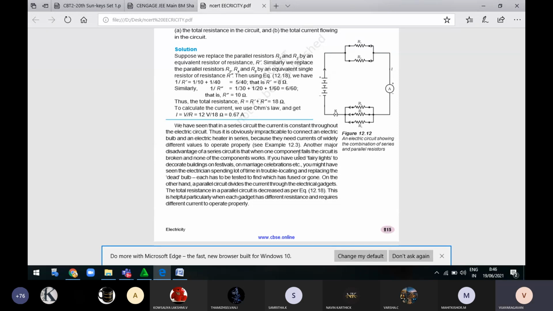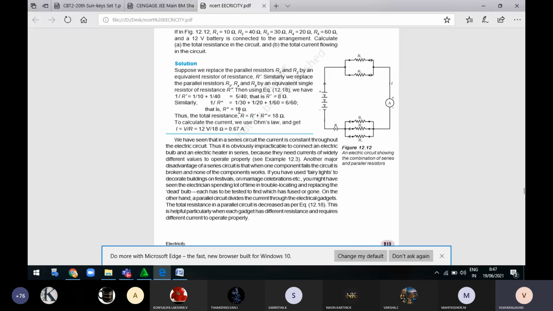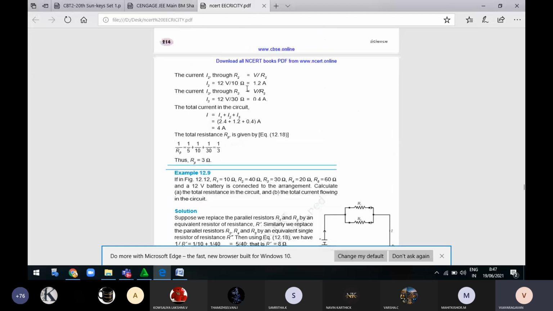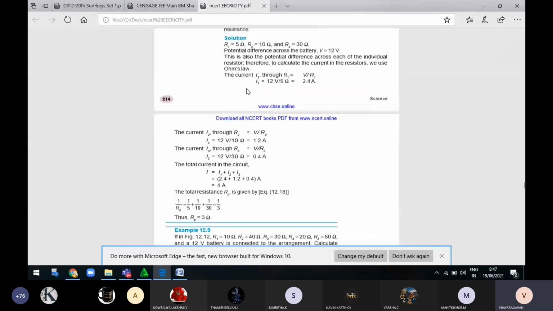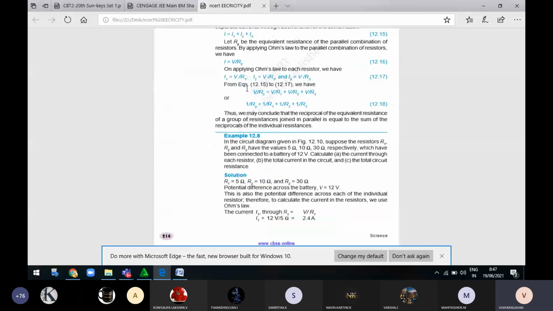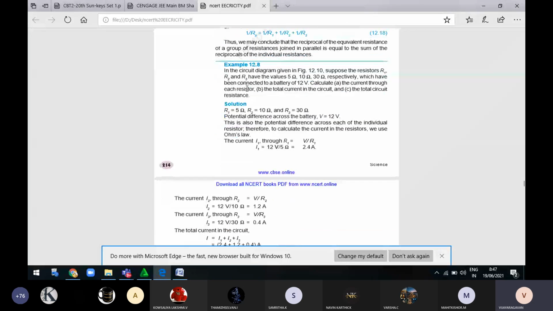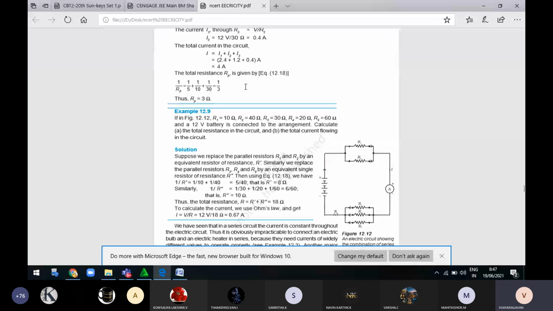On the other hand, a parallel circuit divides the current through the electrical gadgets.